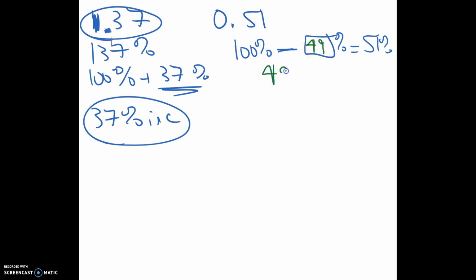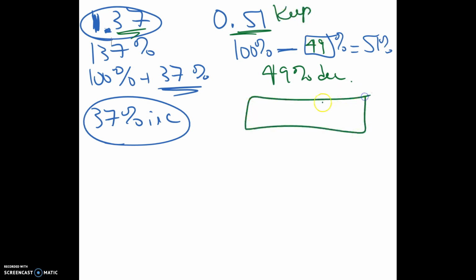So this actually is a 49% decrease. So on increase, you can kind of just see it. Decrease, you can't see it. You got to do a little math and be like, okay, I'm keeping 51%. So if I'm keeping, say, 51% of the value, that means I'm losing the other 49%. And so this is what I'm decreasing by.